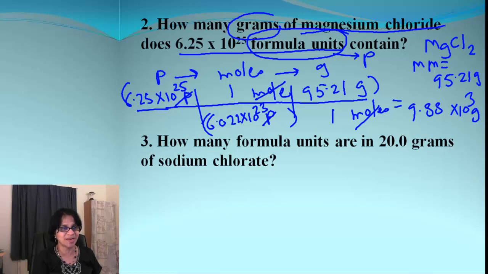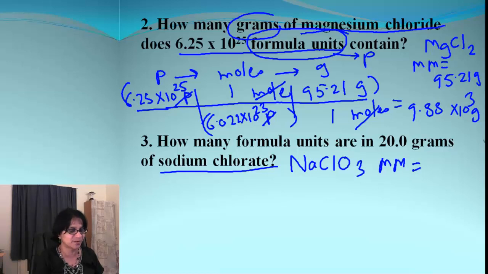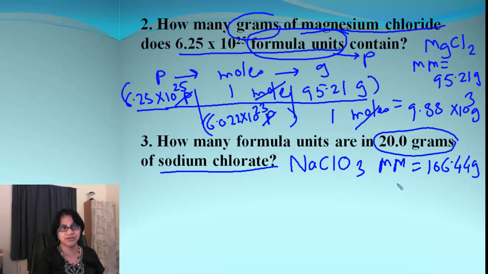Alright, let's do one more problem. Sodium chlorate. The formula is NaClO3, and let me get the molar mass for that quickly. The molar mass is 106.44 grams. Now, if this is given to you, you need to find the formula units.